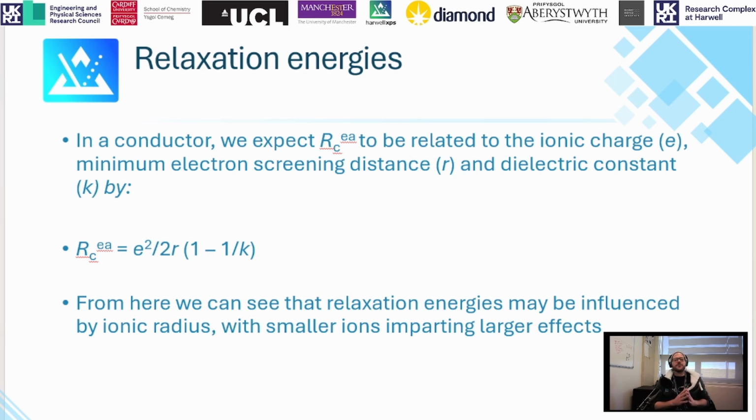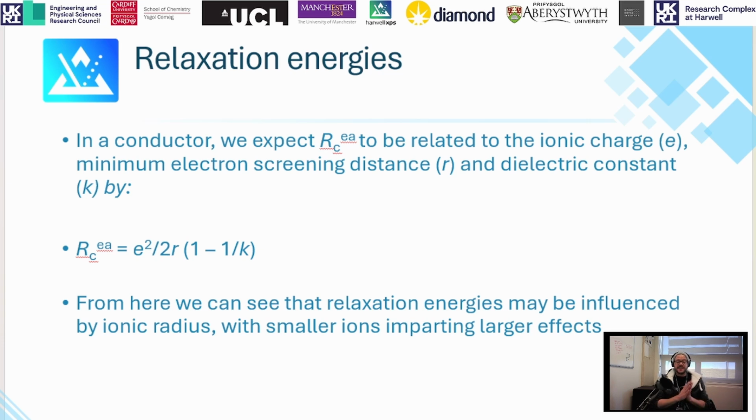Okay, so finally on binding energies, when we go into a conductor, we expect that this extra-atomic relaxation energy for the conductive state is going to be related to the ionic charge, the minimum electron screening distance and the dielectric constant by the equation: R_ea equals the square of the ionic charge divided by twice the minimum electron screening distance, times 1 minus 1 over the dielectric constant.